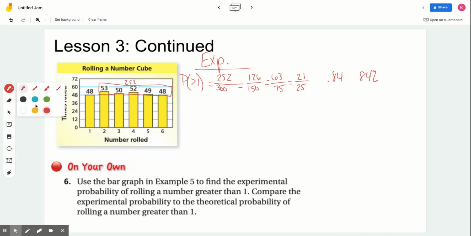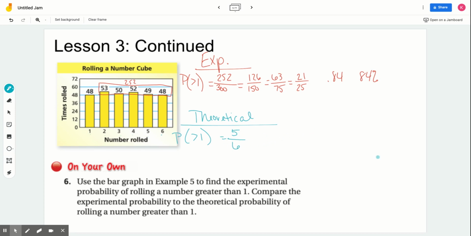So now let's try the theoretical probability. So with the theoretical probability, remember that the probability of rolling greater than a 1 is the number of favorable outcomes. Well, the favorable outcomes of rolling greater than 1 would be a 2, a 3, a 4, a 5, or a 6. So that's 5 of those favorable outcomes over the possible outcomes. So we know that we have 6 possible outcomes. And then we would need to change this to a decimal and a percent.